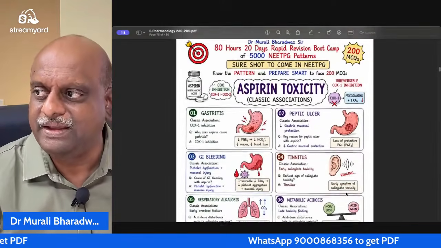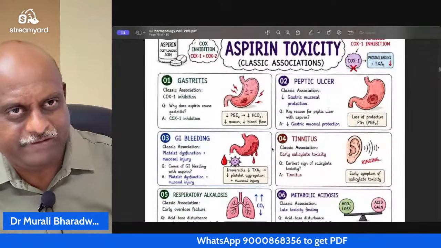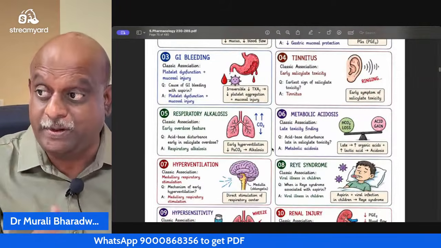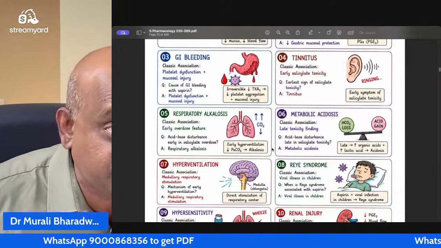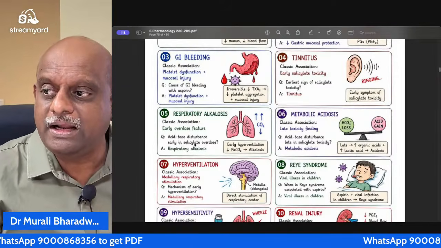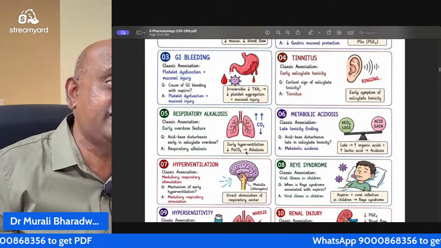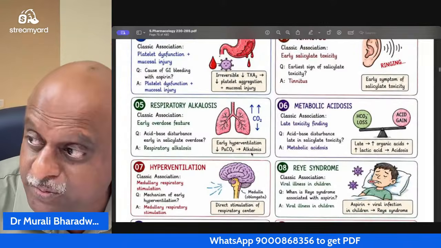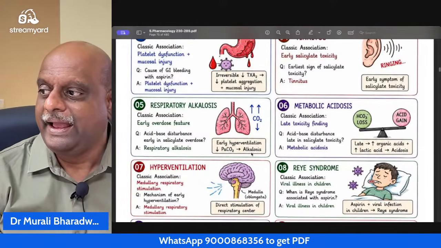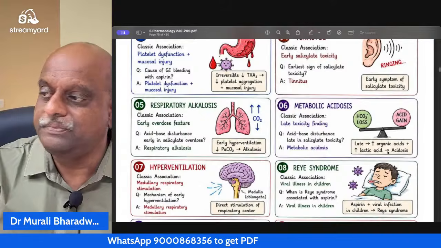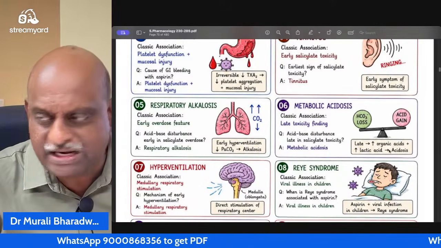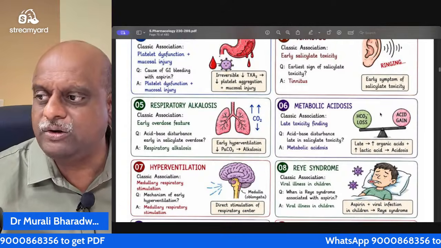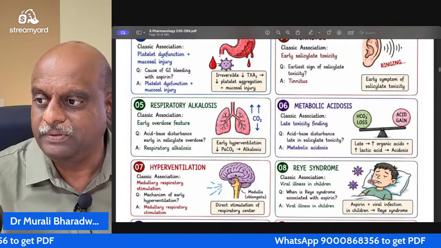anti-inflammatory action. So what are the side effects? Gastritis, peptic ulcer, GI bleeding, tinnitus, respiratory alkalosis, metabolic acidosis. Why respiratory alkalosis? It leads to hyperventilation in the early stages of salicylate toxicity, because it stimulates the medullary respiratory center. And salicylate is an organic acid leading to increased lactic acid, leading to metabolic acidosis.